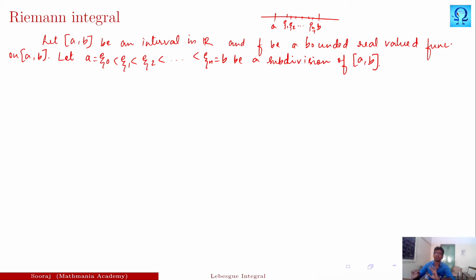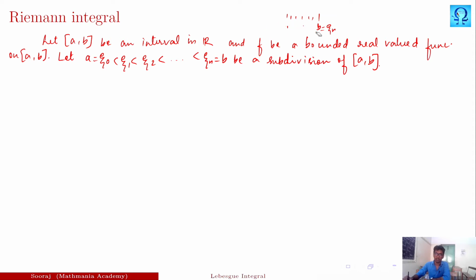You can introduce any n minus 1 points in between, with the condition that x_1 must be smaller than x_2, and x_2 must be smaller than x_3, and so on. So this a we take as x_0 and this b we take as x_n, so that we have a uniform notation.